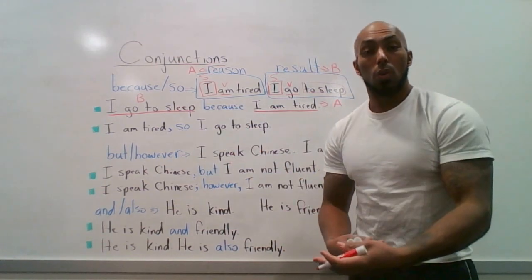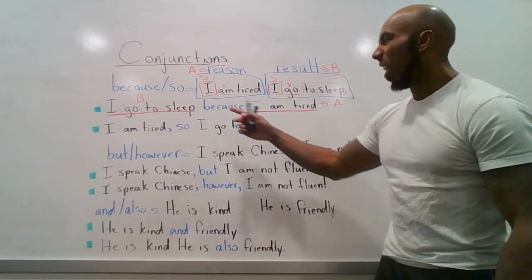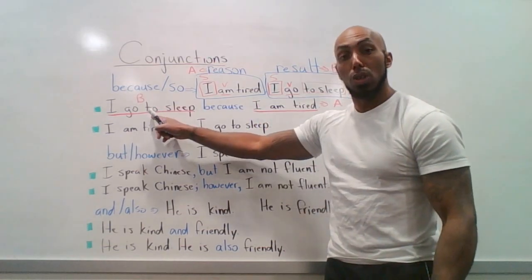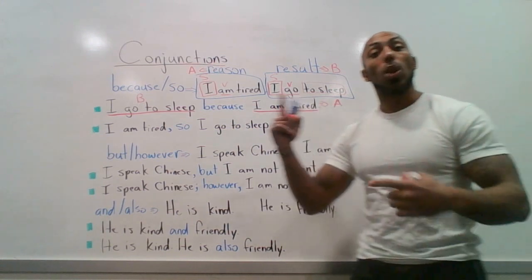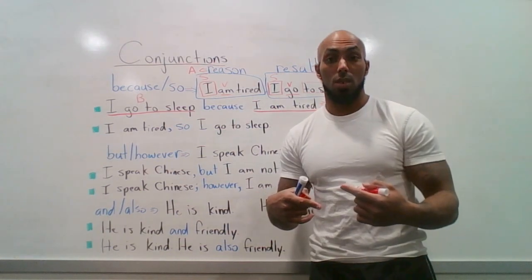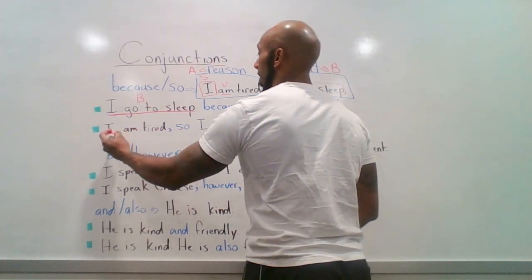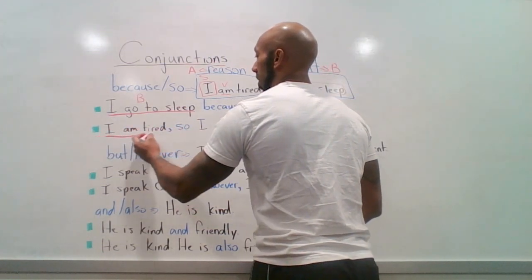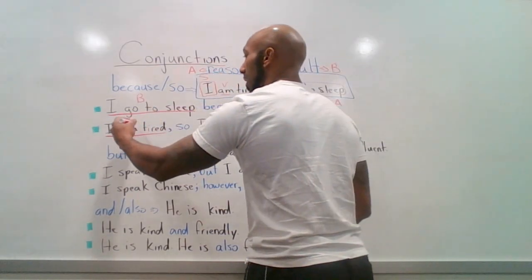Now, the reason I split those up into A and B is so that we can use so. Now, so is not the same, because we need to have the result before the reason. So is the other way around. So we have, I am tired, which is A, the reason.